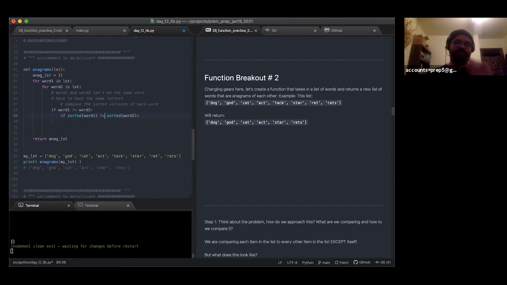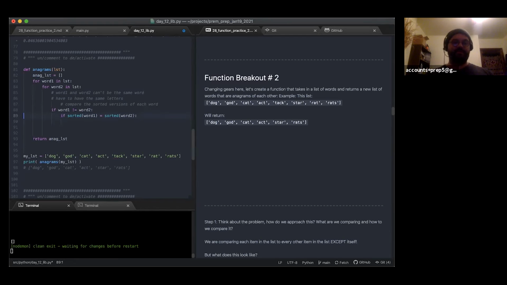So if word one not equal to word two, if the two words, their starting versions, are not equal to each other, and if the sorted version of word one and the sorted version of word two are equal, what else might I want to do?